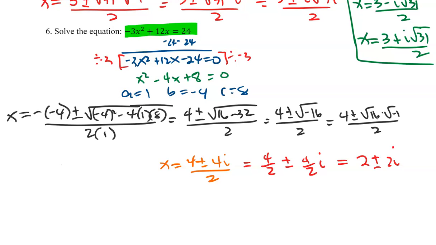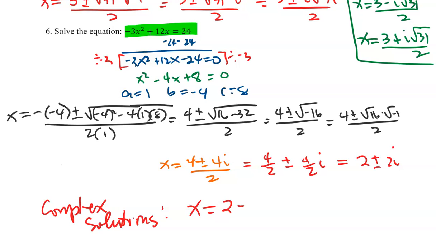So the complex solutions are x is equal to 2 minus 2i and x is equal to 2 plus 2i.